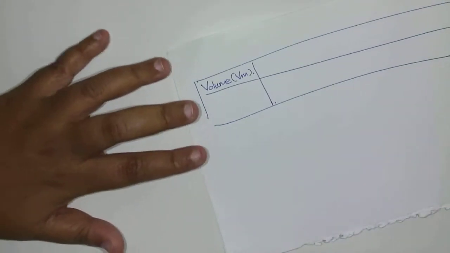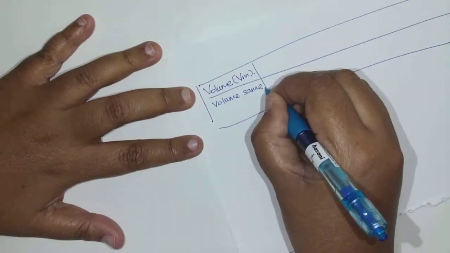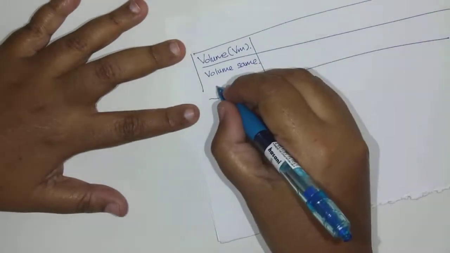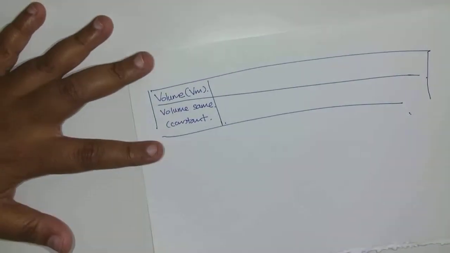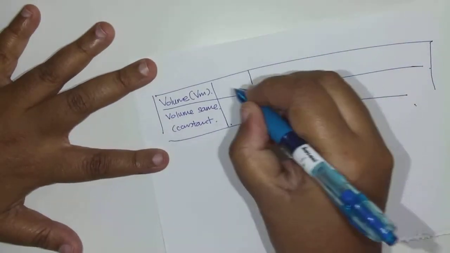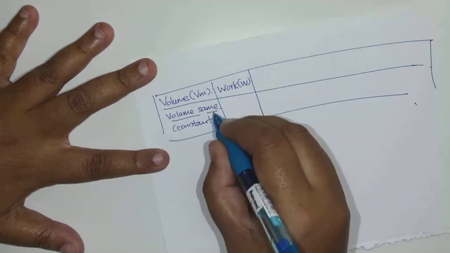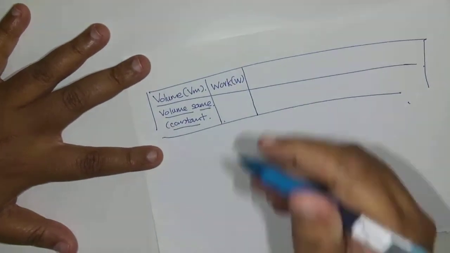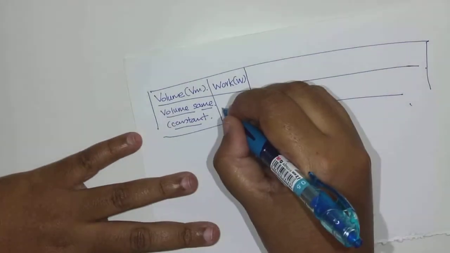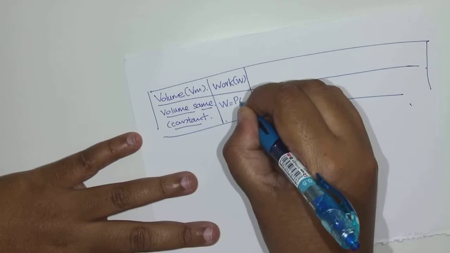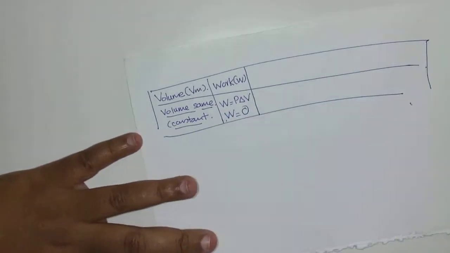We know volume is the same, or in other words, volume is constant. Volume is associated with work. Since volume is constant, and the formula for work is P delta V, work is 0.